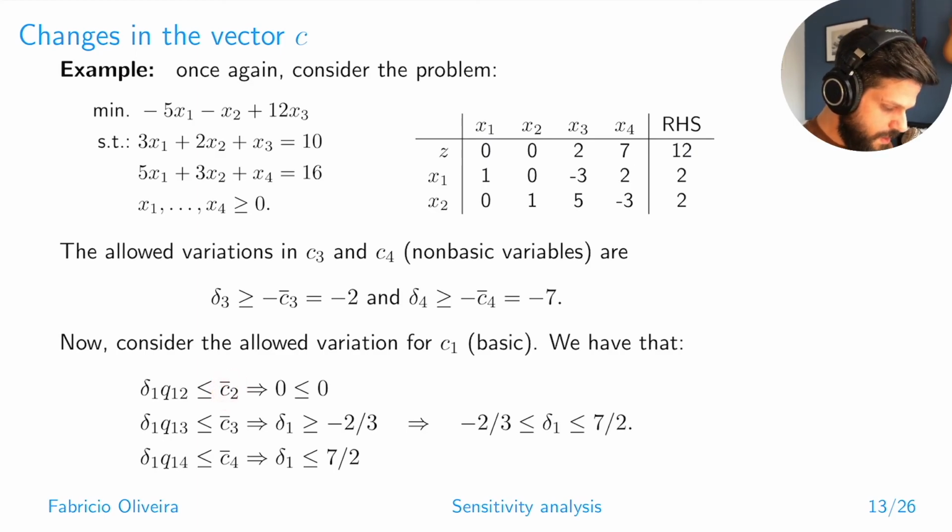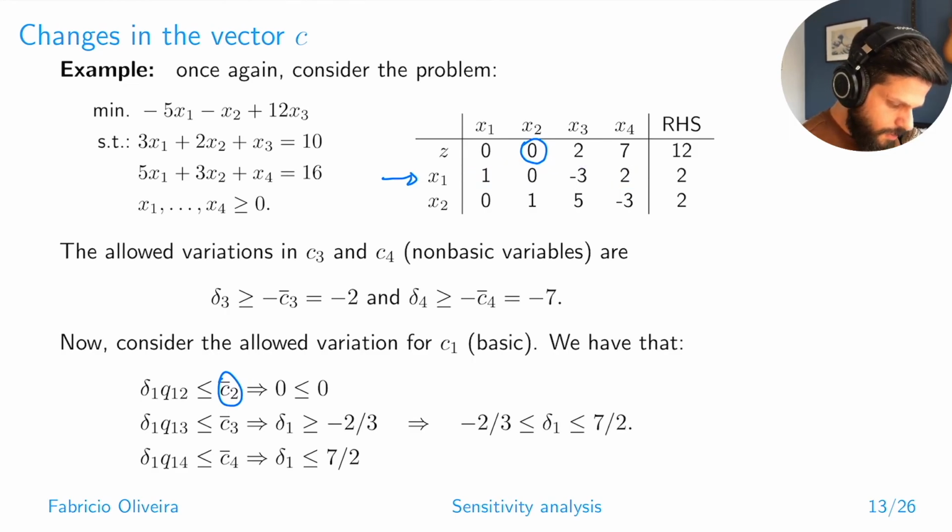So let me mark these terms so you can see where it is in the tableau. So for this variable, my L basic variable is this. So I'm looking at this row.